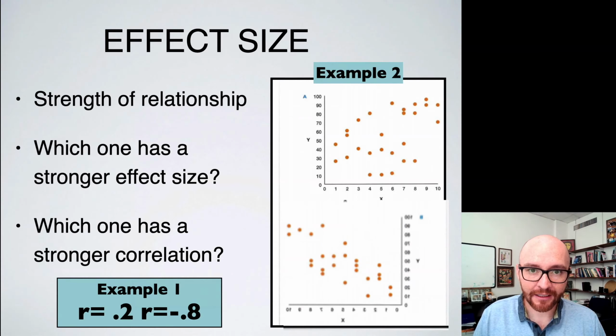We don't care if it's positive or negative when we're evaluating which one is stronger. We care about which one is the biggest number. And in this case, 0.8 is a stronger number than 0.2. So think about it this way: which number is closer to 1 or negative 1? In this case, it would be negative 0.8.